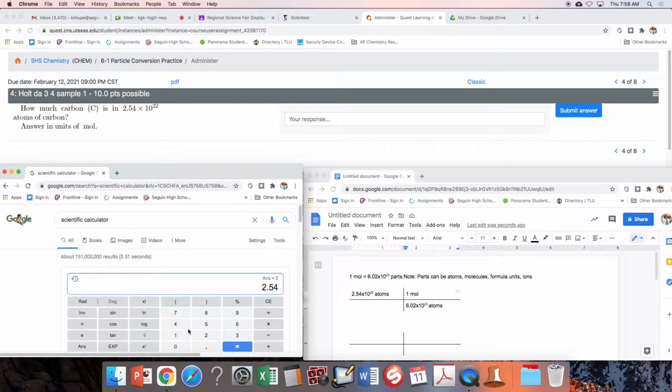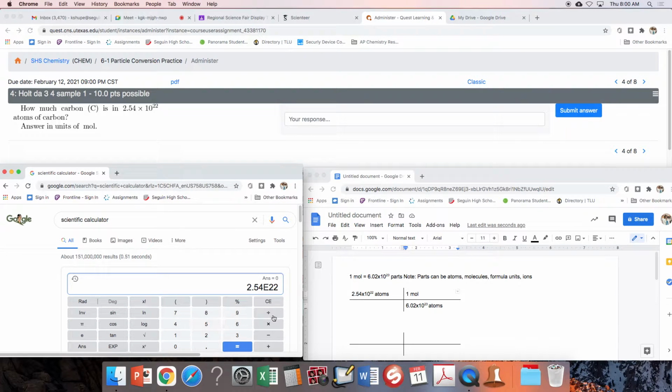So we're going to replace times 10 to the with an E, and you're going to get that E by hitting the EXP. Don't use this lowercase e. This is the only button you want. You want the EXP button, because this E is going to replace times 10 to the power of. So we've got 2.54 times 10 to the power of 22. That's all you've got to type.